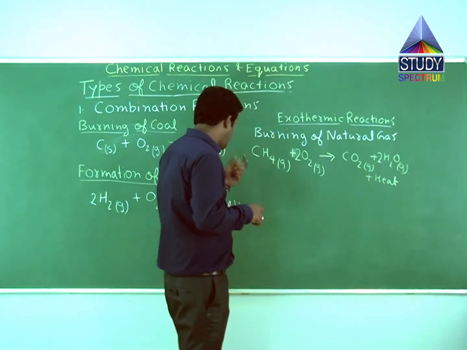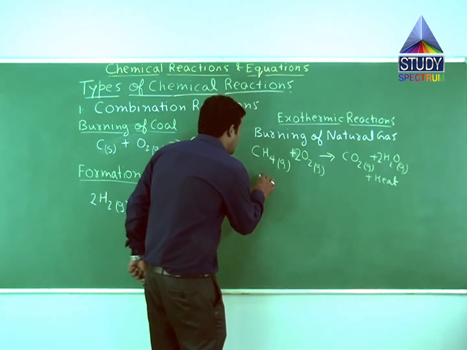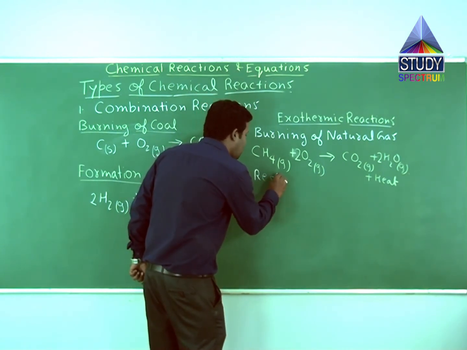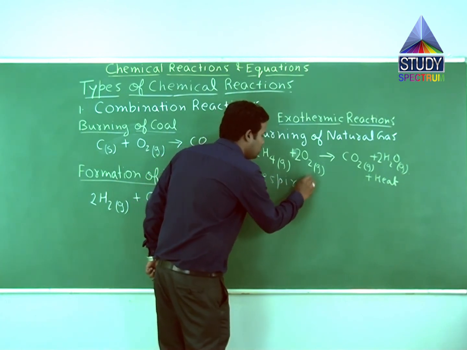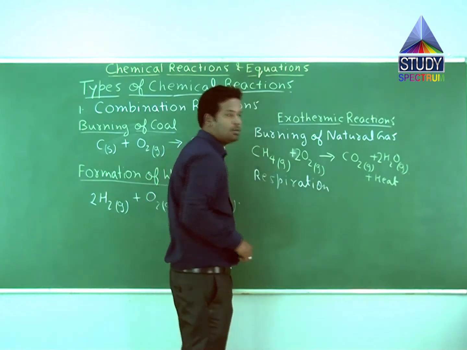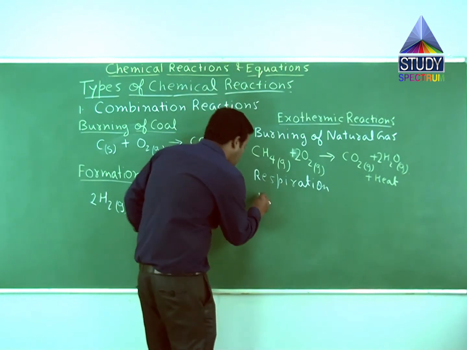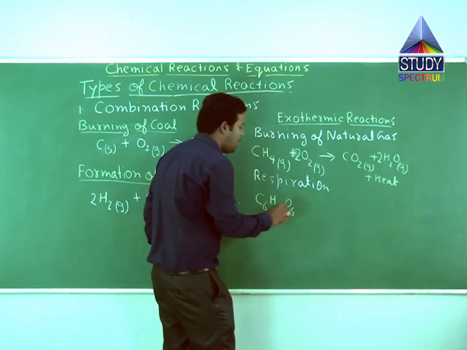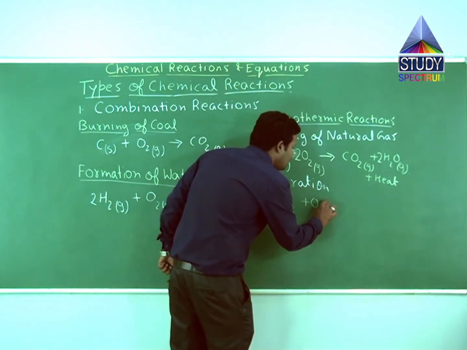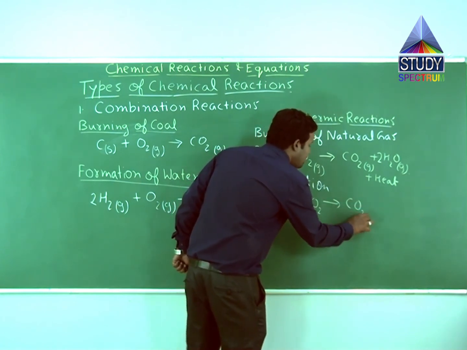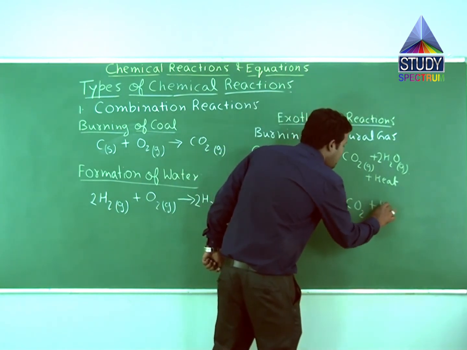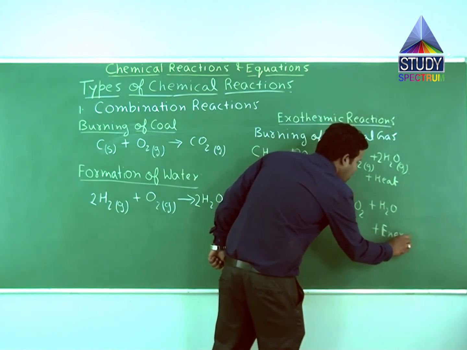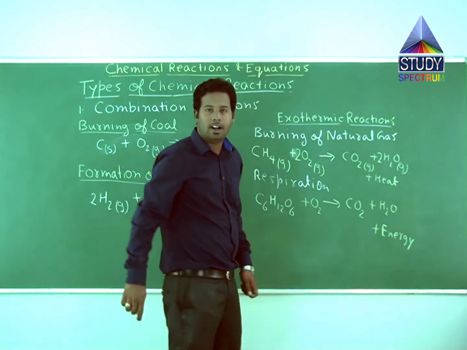So if we write the example of respiration, it is also an example of an exothermic reaction. How? This glucose, C6H12O6, combines with oxygen to form carbon dioxide and water plus energy, because of which we can perform work in our day-to-day life.